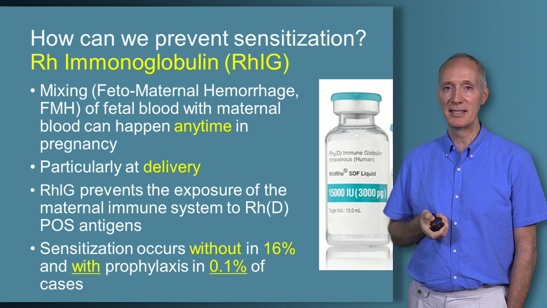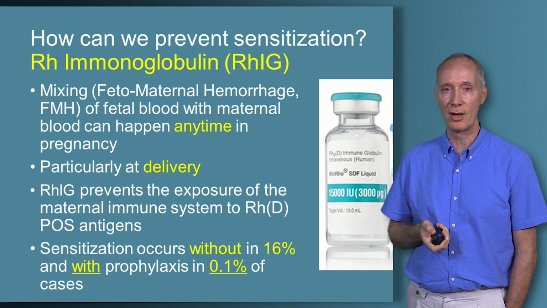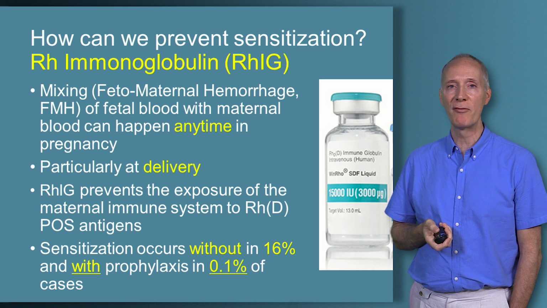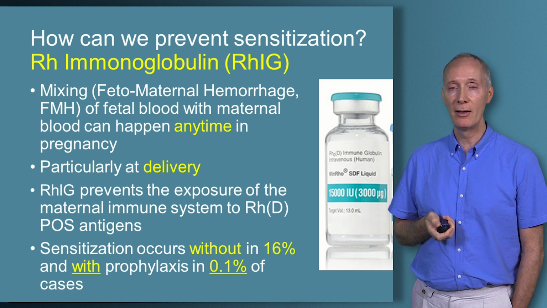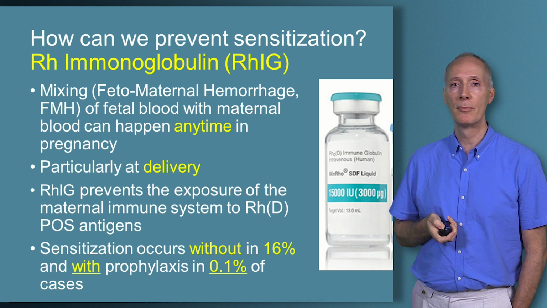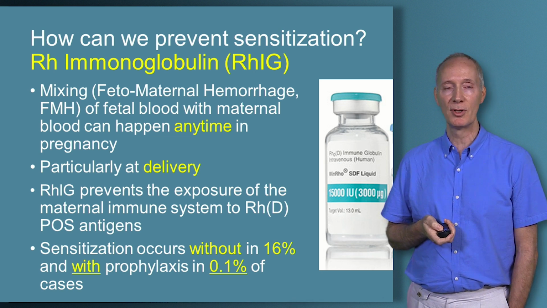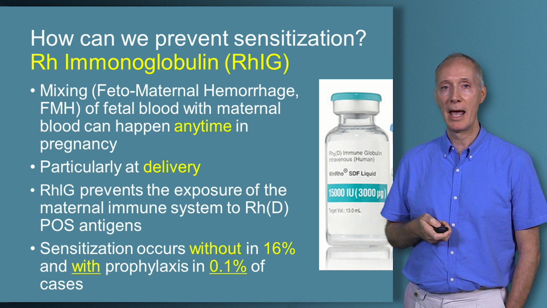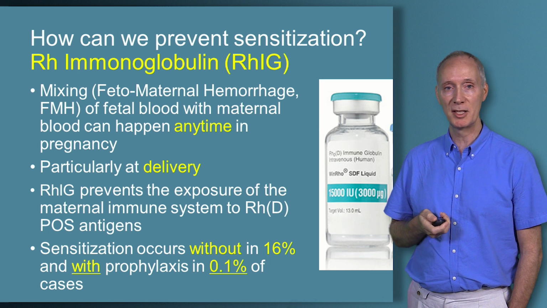Now, we can prevent this disease from happening by giving exactly the same antibodies passively to the mother, and by doing so, we prevent the rhesus positive antigens on the red blood cells of the fetus from being exposed to the maternal immune system. So the maternal immune system will not recognize those red blood cells anymore as foreign, and hence will not mount an immune reaction and produce antibodies.